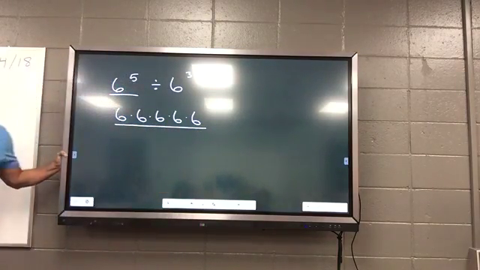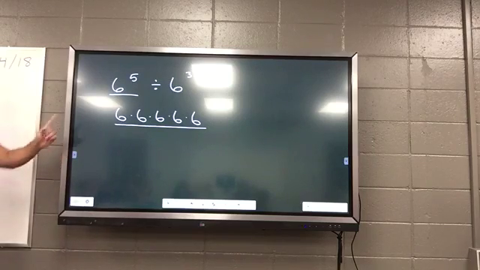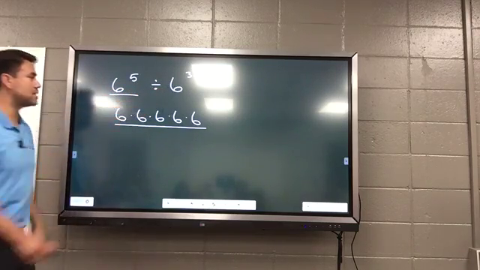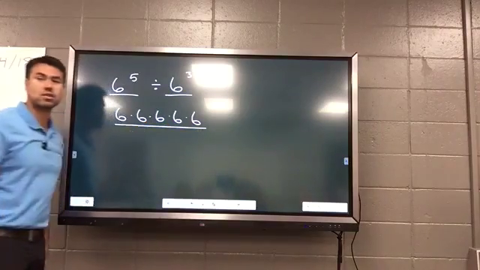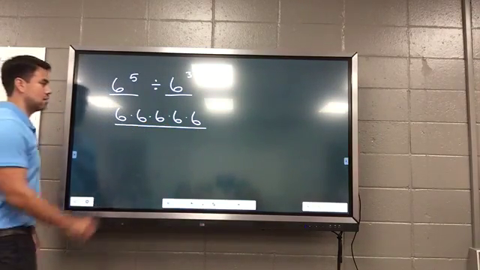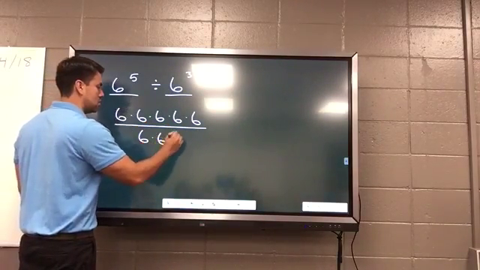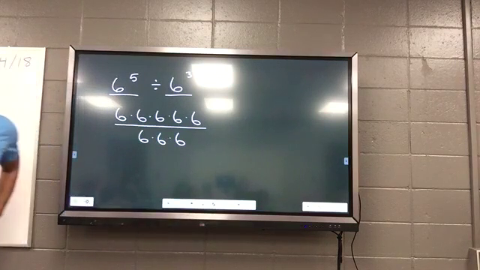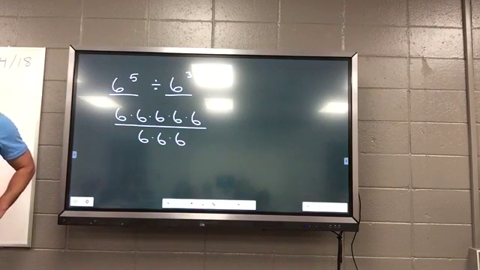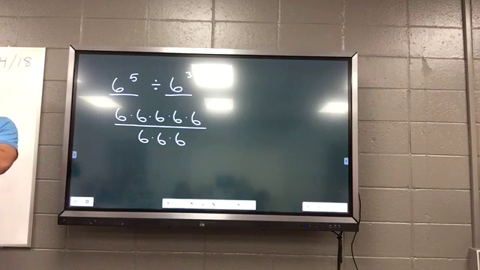What's that fraction bar also known as? Division. How many times is, in this power, 6 used as a factor? 3 times. So 1, 2, 3. Right? A lot of 6s, a lot of multiplying, and some division. Okay, do you guys remember what any number over itself always gives me? What's any number over itself?